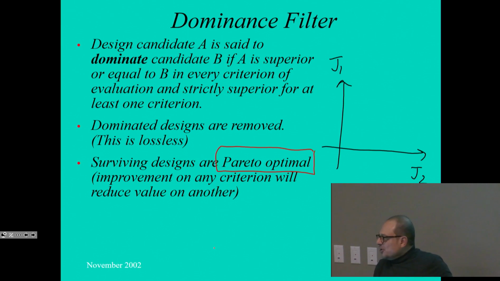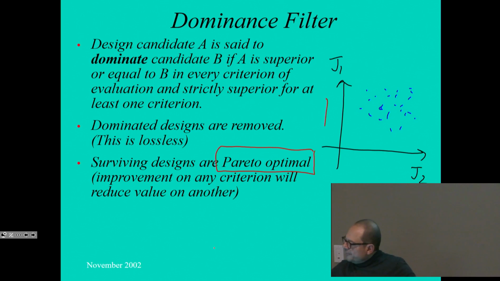Okay. So I have two costs, J1 and J2. For example, J1 could be acceleration, and J2 could be fuel economy. And I come up with a lot of solutions. So I'm going to have a whole bunch of different solutions, because every design has a certain value of J1, and a certain value of J2. What's the best value?